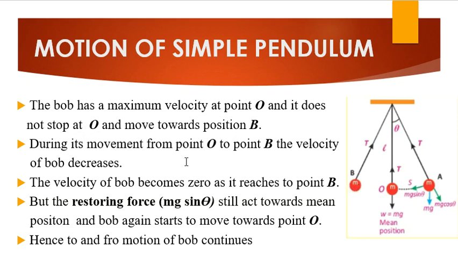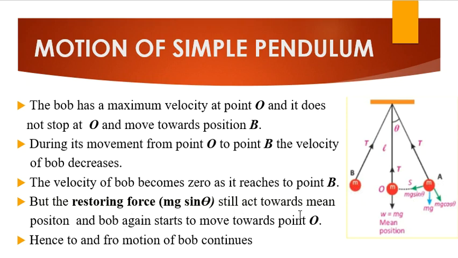Now it has maximum velocity at point O, but when it moves from point O to point B, the velocity of the bob decreases. After some time, when our bob reaches point B, the velocity of the bob becomes 0. But the restoring force is acting in both directions, at position A as well as position B, so the restoring force still acts towards the mean position.